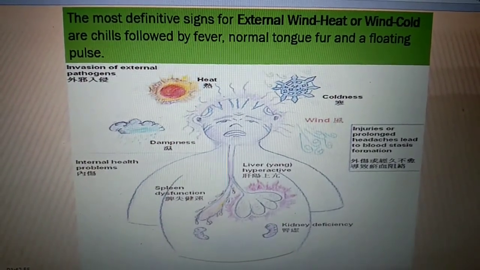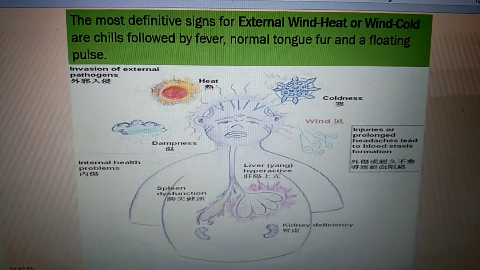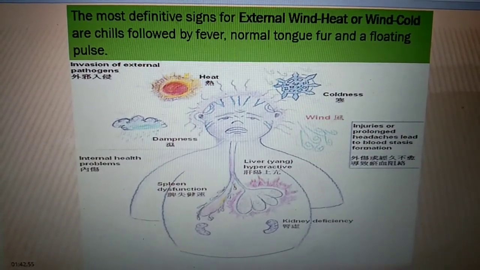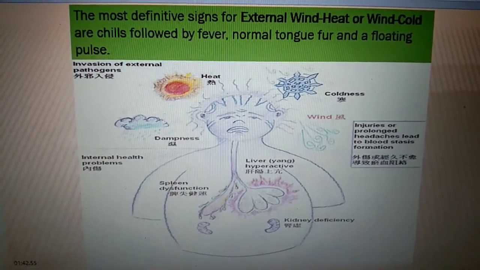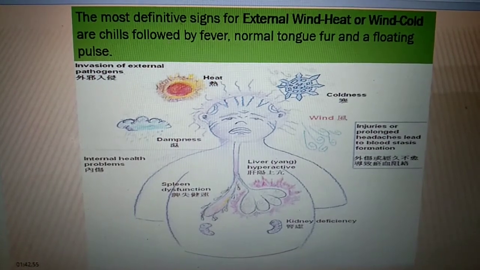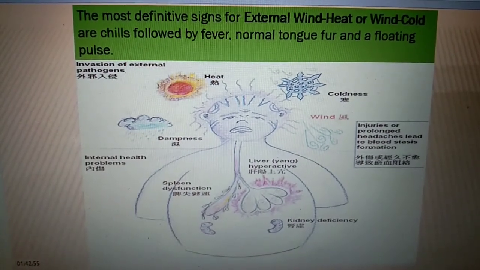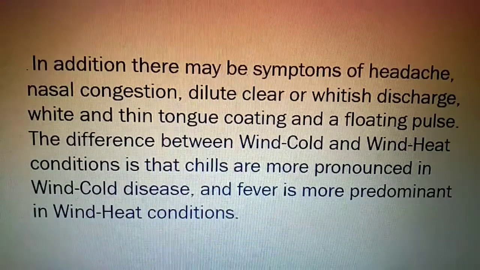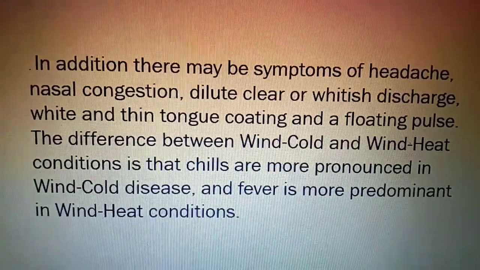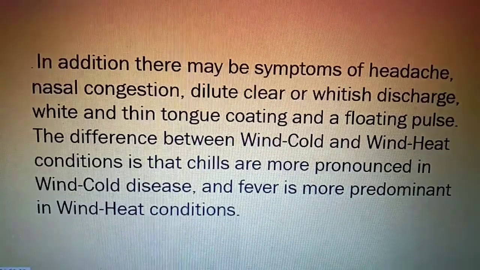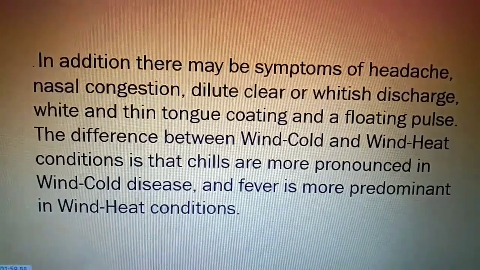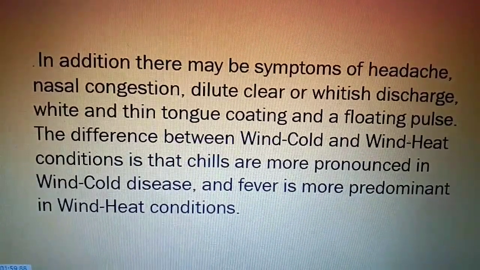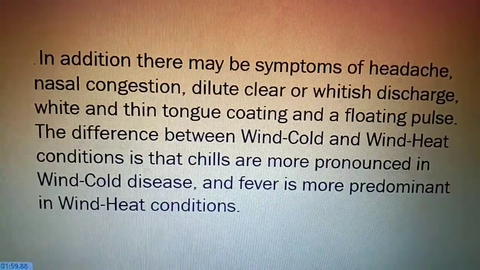Next, the most definitive signs for external wind heat or wind cold are chills followed by fever, normal tongue color, and a floating pulse. In addition, there may be symptoms of headaches, nasal congestion, dilute clear or whitish discharge, and a white and thin tongue coating.